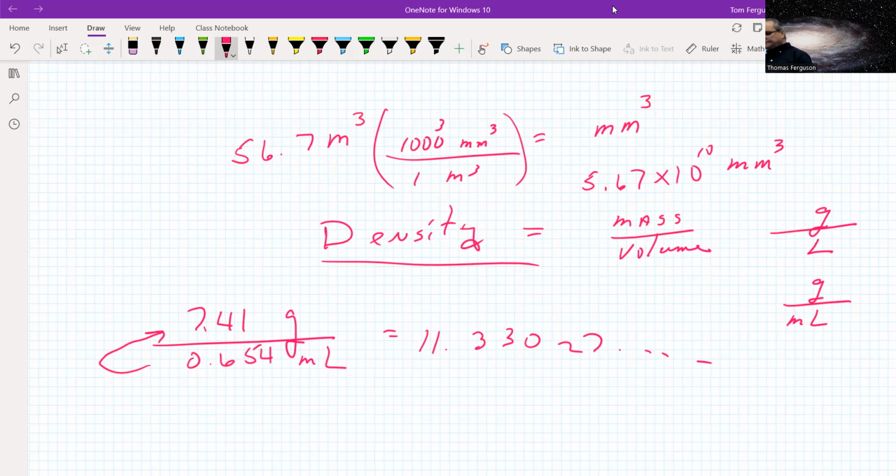Okay. So our answer has how many sig figs? 3. So we go to the 4th place and we drop it because it's 0 to 4. So the answer is 11.3 grams per milliliter.